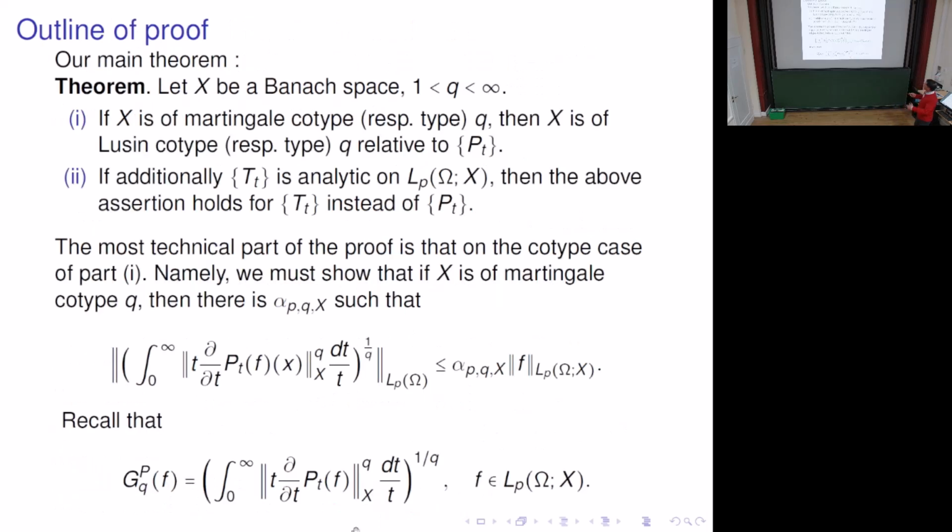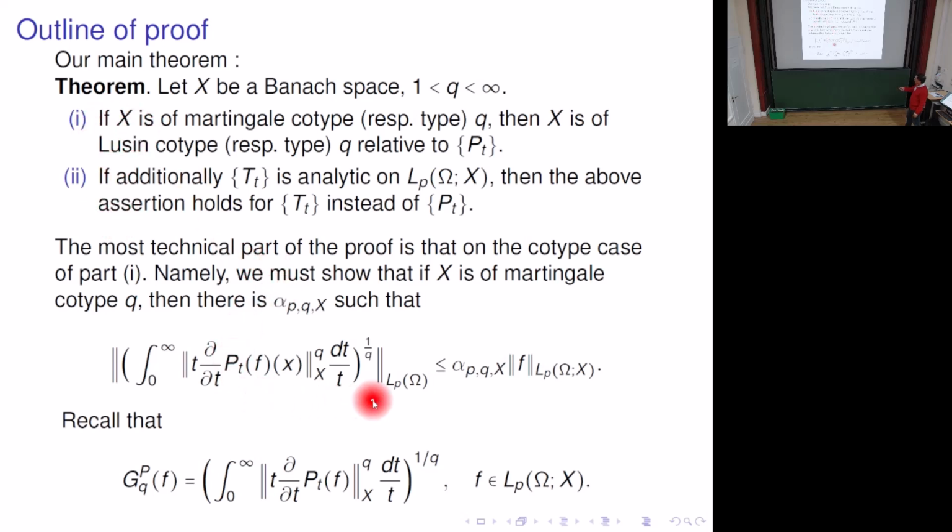Now I would like to give you some idea of the proof. I just remind you of the main theorem here. In fact, the most technical part of the proof is on the cotype case. We have two parts. Part 1 concerns the Poisson semigroup, and the second one concerns the semigroup itself. The most difficult part is the first one.